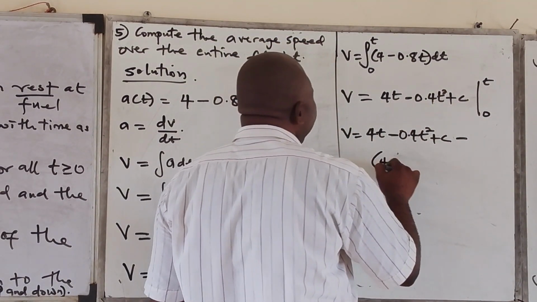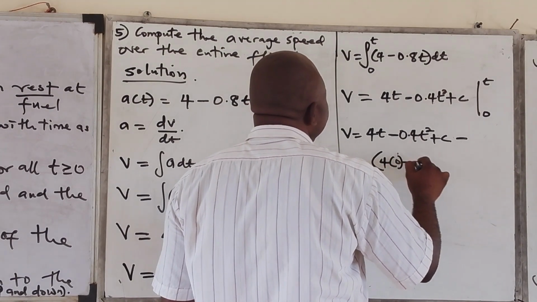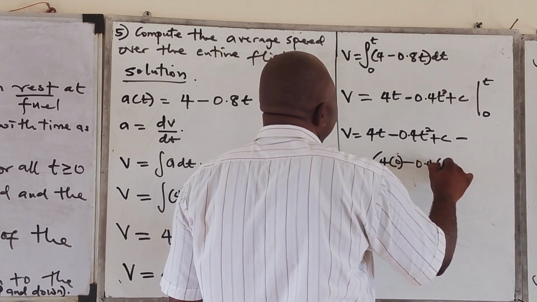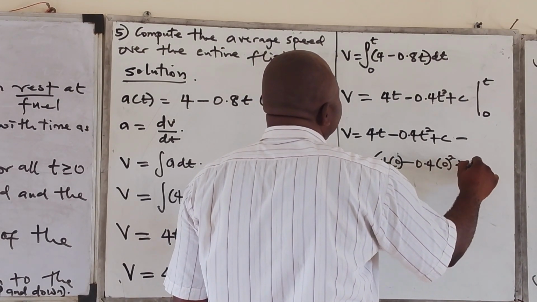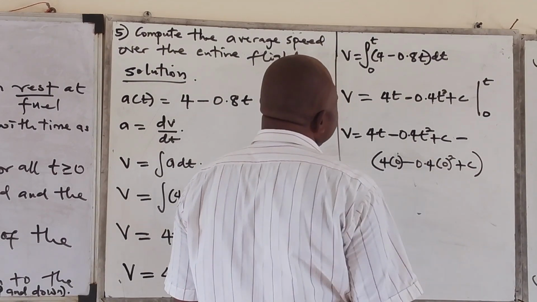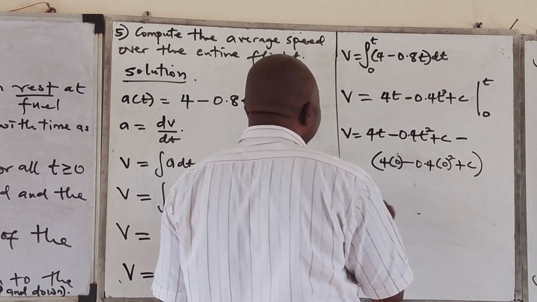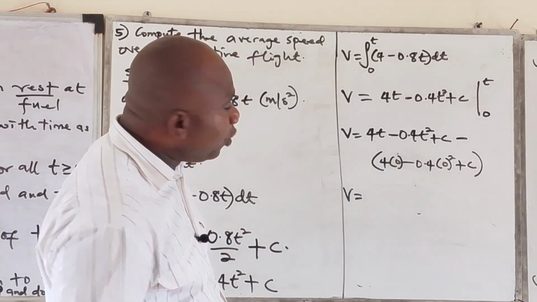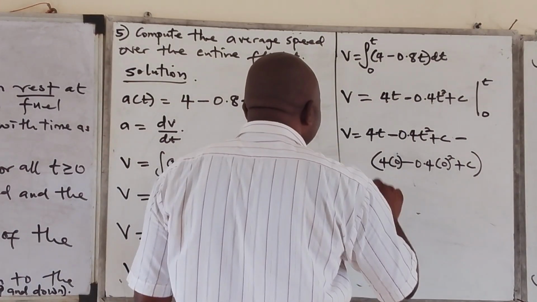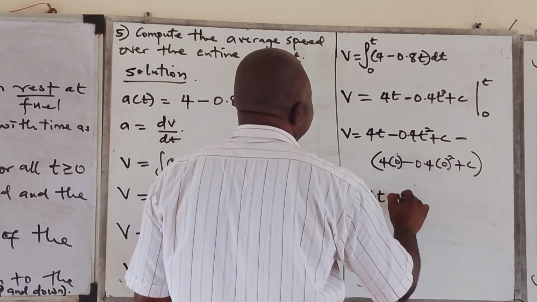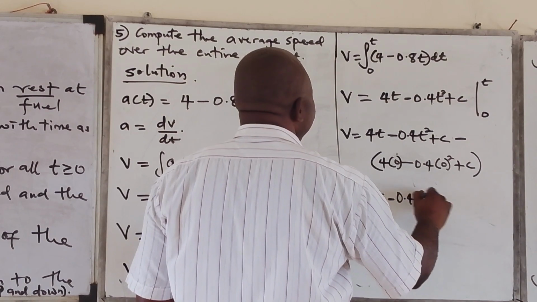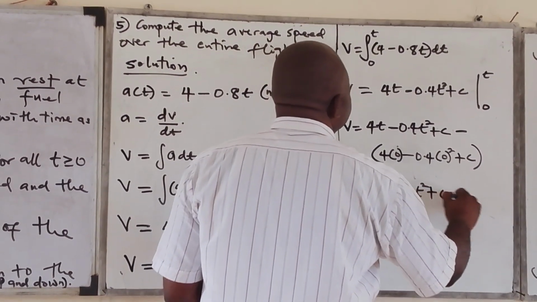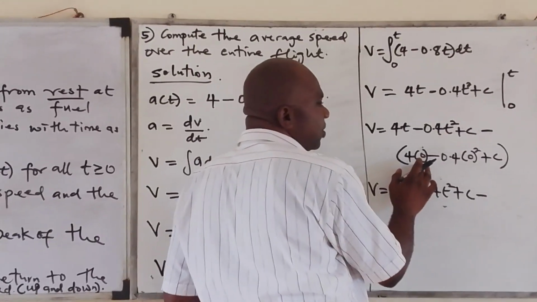So you have 4 in bracket 0, minus 0.4 times 0 squared, plus c, then you close the bracket. So our v now will be equal to 4t minus 0.4t squared plus c, minus. Now we all know 4 times 0 is 0.